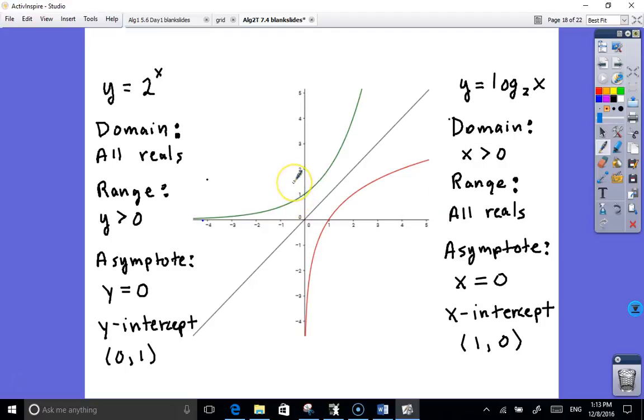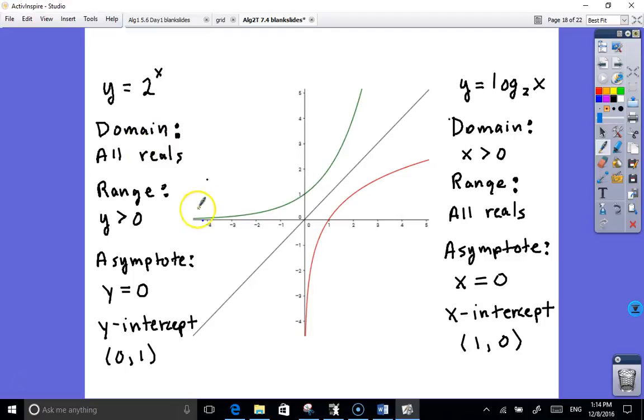But now, if all you're going to do is switch the x's and the y's, because that is what you do for inverses, then our domain now has to be x greater than 0. Because the range of the exponential was y greater than 0, the domain has to be x greater than 0. The range of a logarithm is all real numbers, because the domain of the exponential was all real numbers.